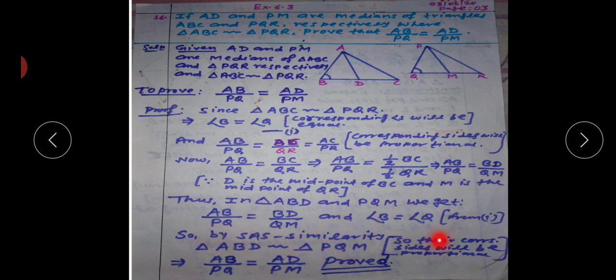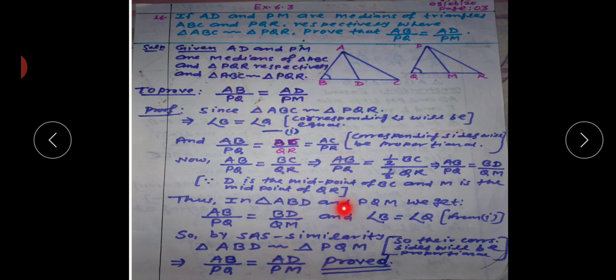So by SAS similarity, triangle ABD will be similar to triangle PQM, and so their corresponding sides will be proportional. That is AB upon PQ will be equal to AD upon PM. So AB upon PQ has become equal to AD upon PM, and it is to be proved.